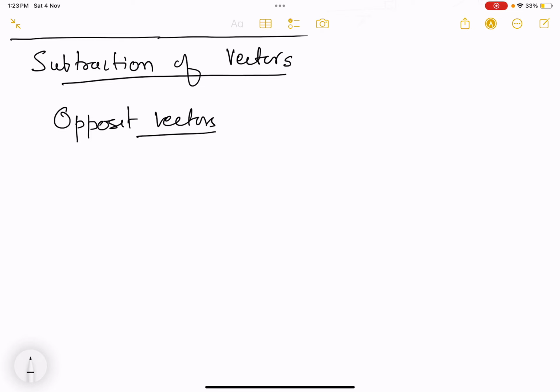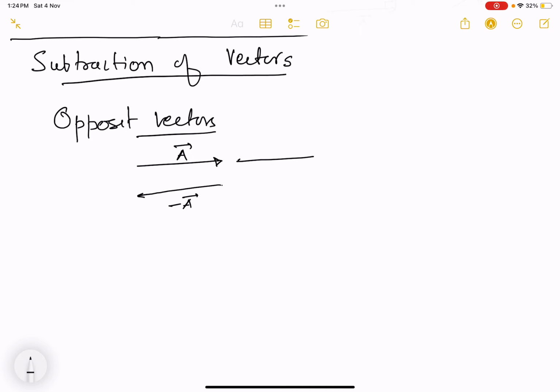If you have a vector pointing to the right side, and then you have a vector which has equal length but opposite direction, then these are parallel vectors but in opposite direction. So this is minus a. So how to get an opposite vector? To get an opposite vector, all you need to do is flip a vector.